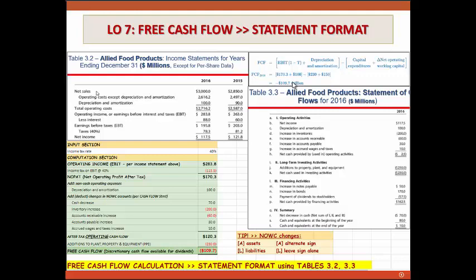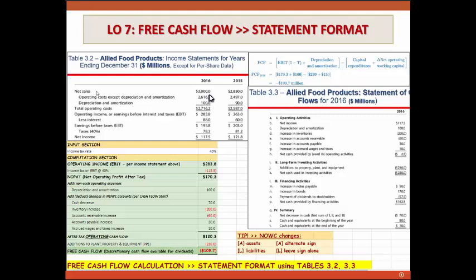Okay, let's do some of the mechanics of this particular statement. The free cash flow begins with operating income, or EBIT. And you can see in this case it's $283.8 million. Now, how would they get that?